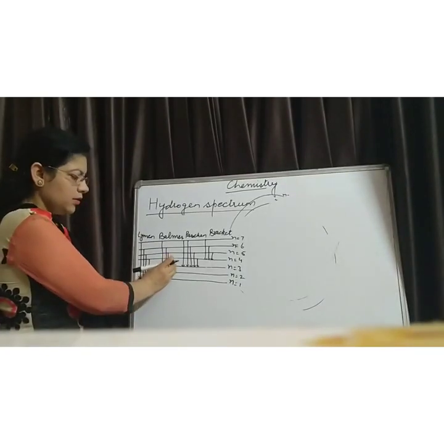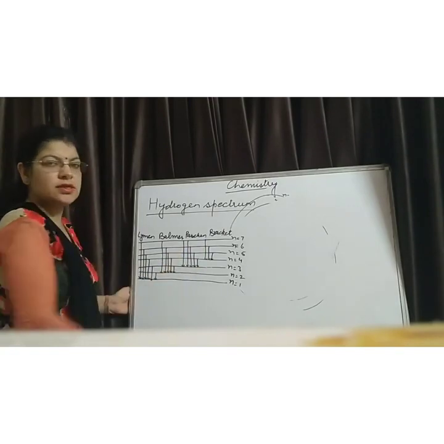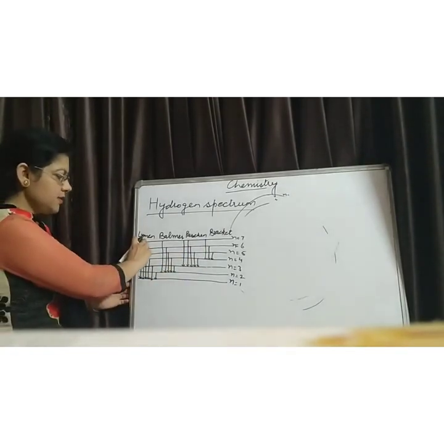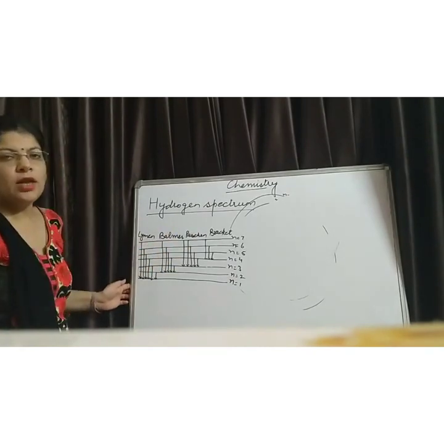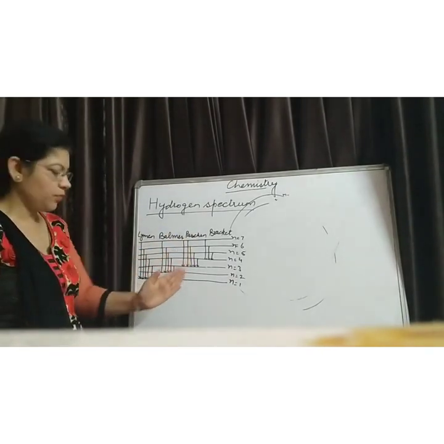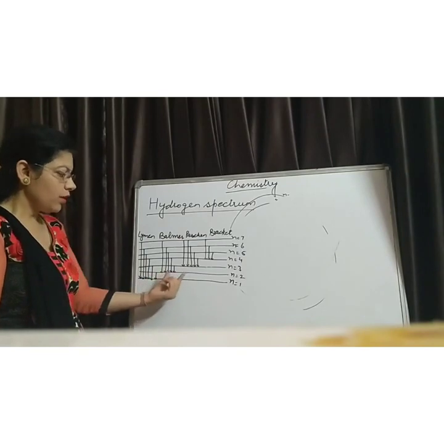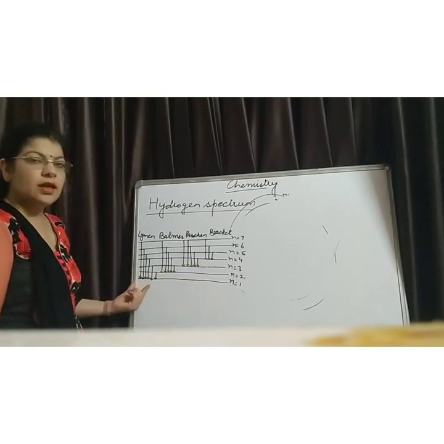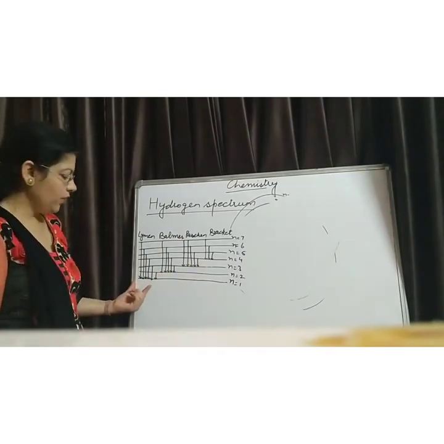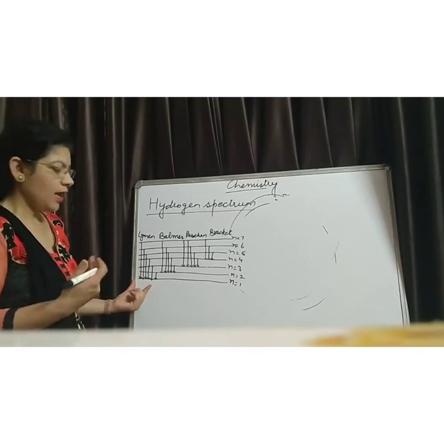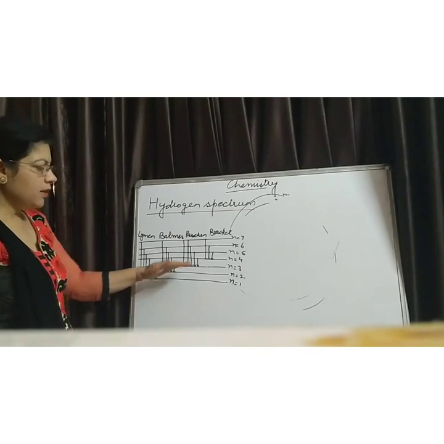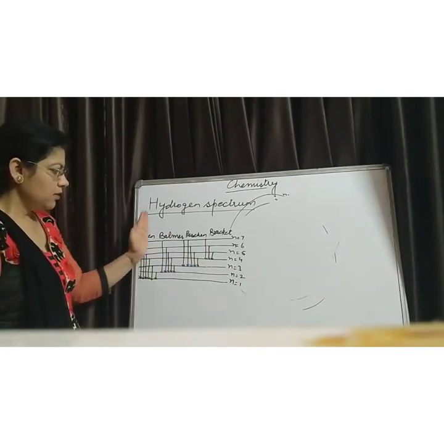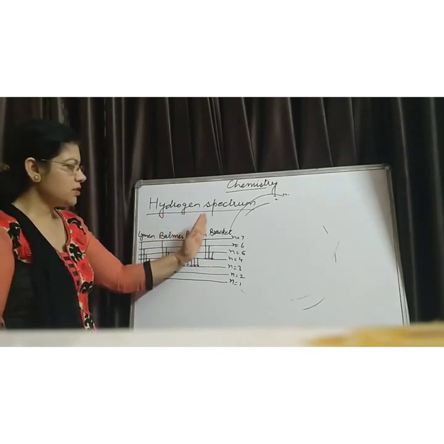These are different wavelength series: Lyman, Balmer, Paschen, Brackett. They all have different wavelengths, because in these radiations the light is emitted with different frequency as well as different wavelength. A spectrum is obtained in the form of these series.